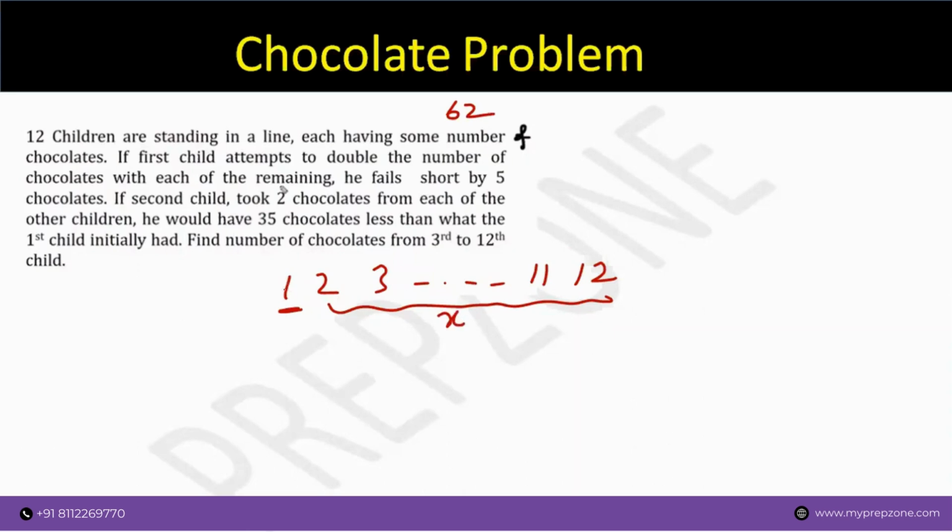Now when I say one wants to double them, it means one wants to make x into 2x, which means one wants to add x more chocolates from himself.